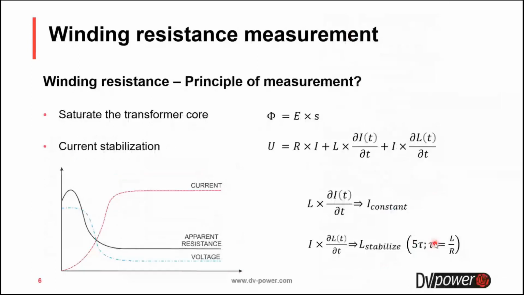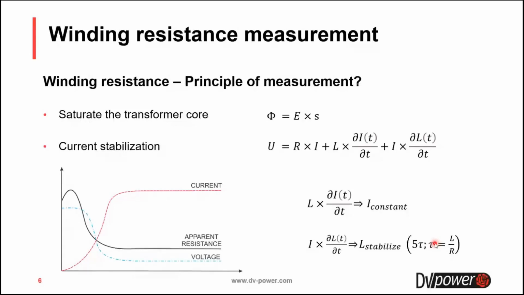In this slide, we can see the principle of measurement. What do we need to do first? First, we need to saturate the transformer core. We do it with some energy. These steps of measurement directly depend on the voltage of the testing unit. A higher transformer needs more energy.